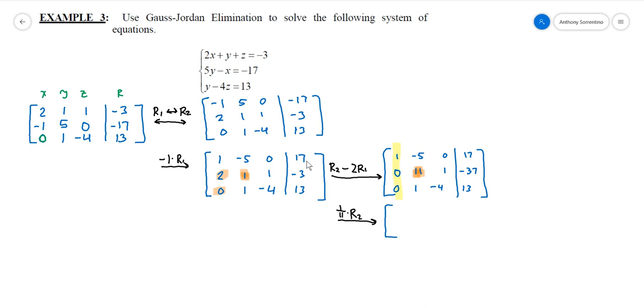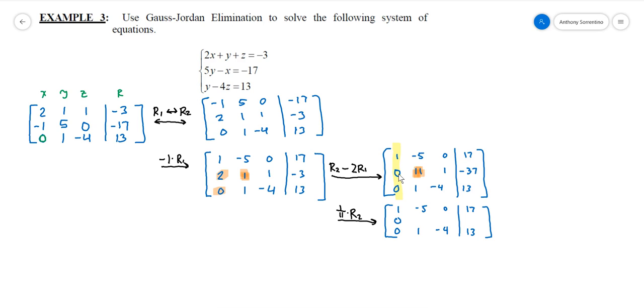First of all, row 1 and row 3 are not being affected by this row operation, because it's only affecting row 2. 0 times 1/11 is still 0.